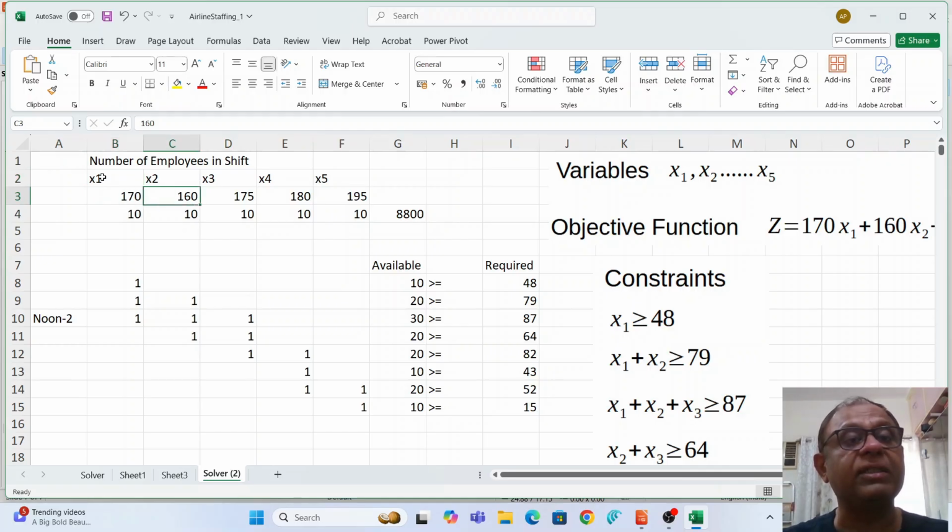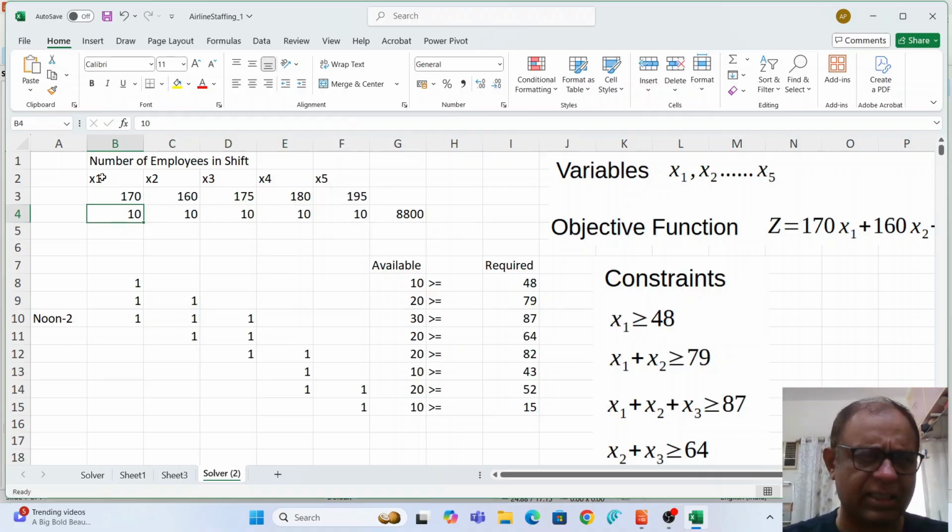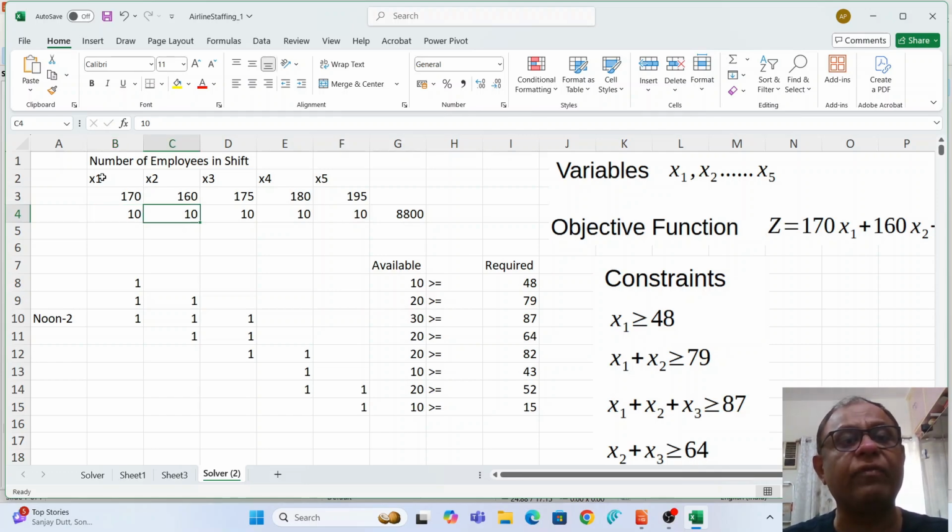Then we enter the cost, that is 170, 160, 175, 180, 195. Then here we enter a guess for the number of agents in the shifts. So for x1 we guess a value of 10, for x2 we guess a value of 10, and it is just a guess.